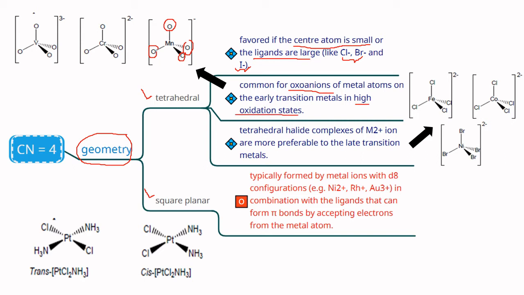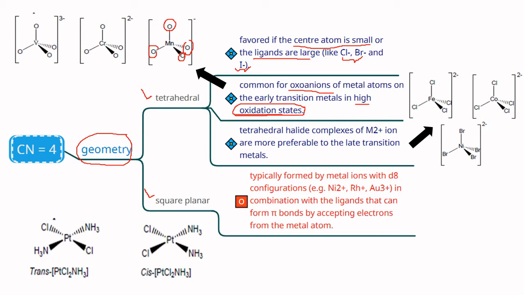For this high oxidation state, you can refer to the previous video on the variable oxidation state in metal atoms. The third rule is that tetrahedral halide complexes of M2 plus ions are more preferable for the late transition metals.